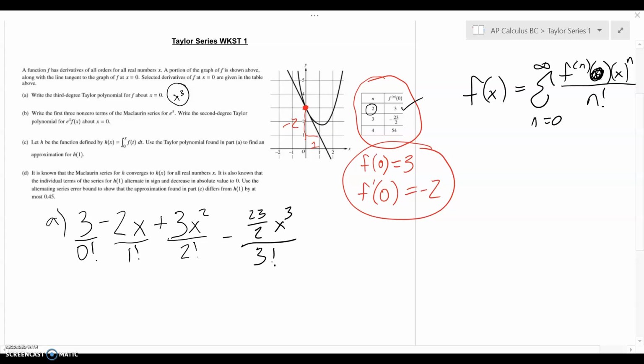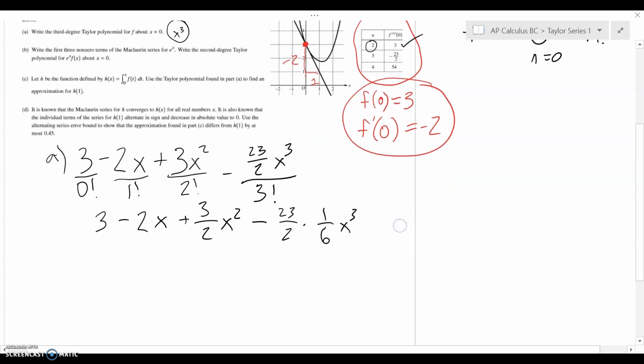We're going to do some things with it though, so I'm going to simplify that structure down a little bit. So we'd have 3 minus 2x plus 3 halves x squared minus, let's see, 3 factorial is 6. So I've got 23 halves times 1/6 x cubed.